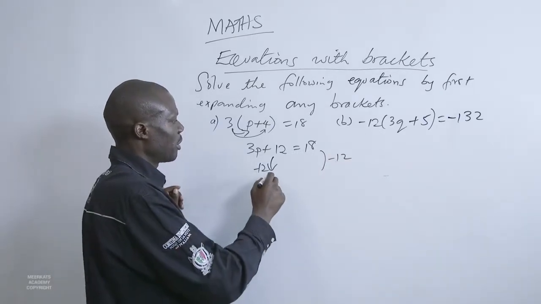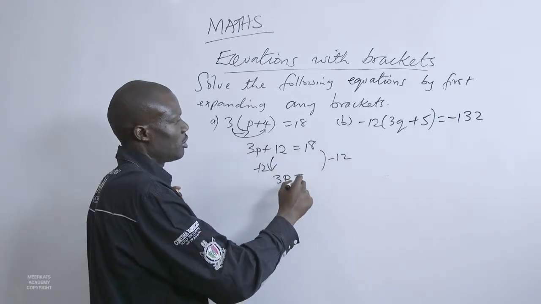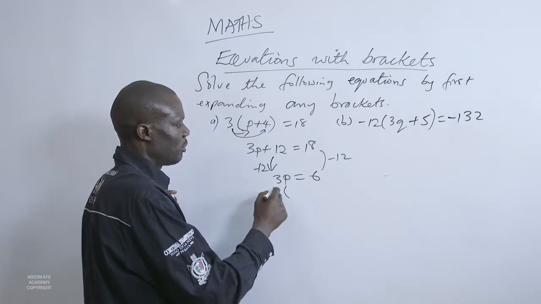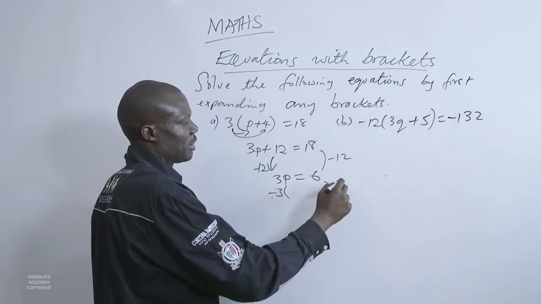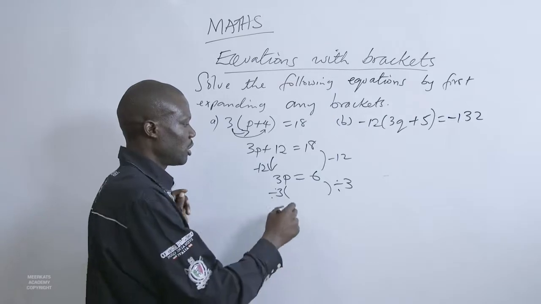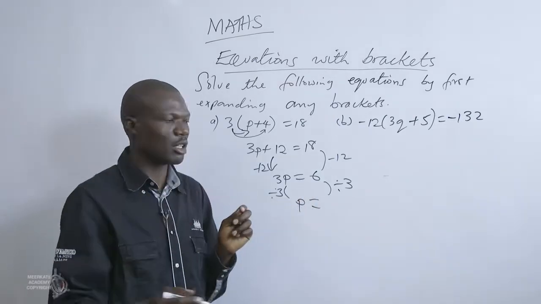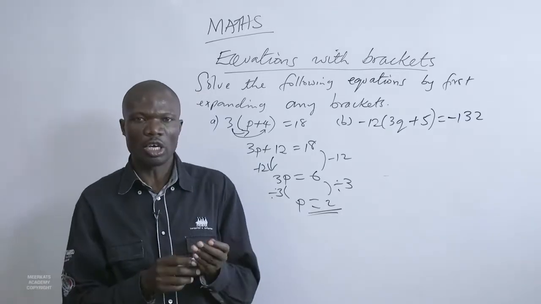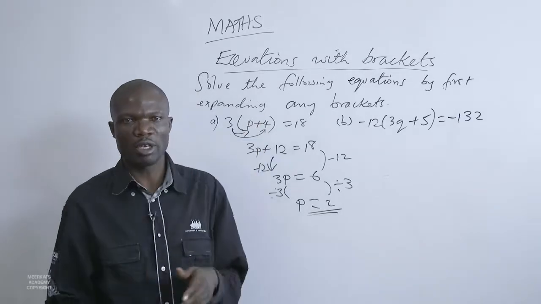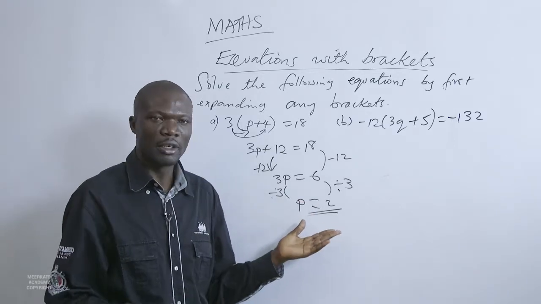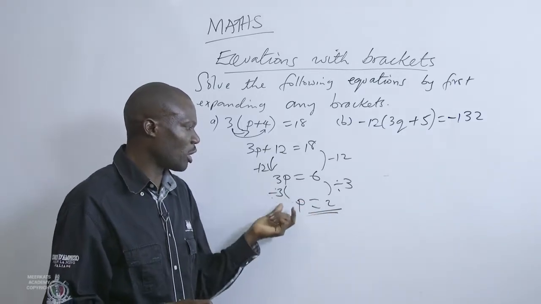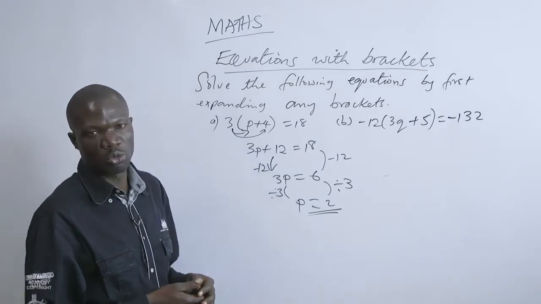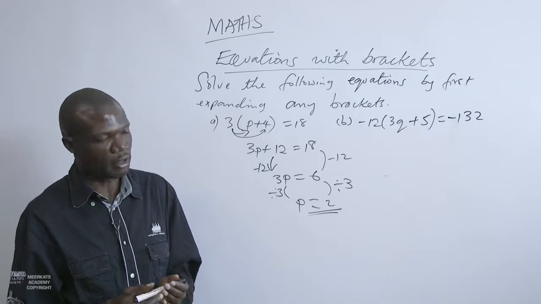You will remain with 3p equals 18 minus 12, which is 6. Then we divide by 3 and divide this side by 3. What remains is p equals 6 over 3, which is 2. We started by expanding the brackets, and we have been able to solve our equation by finding the value of p. So p equals 2. We can always check by going back.